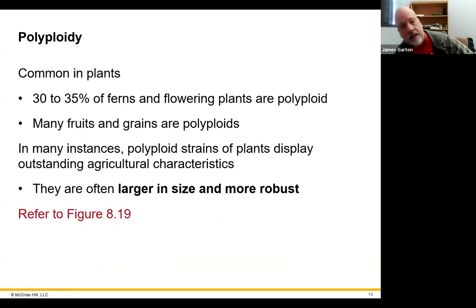Now, polyploidy seems to be fairly common in plants. They say about a third of flowering plants and ferns might be polyploid.